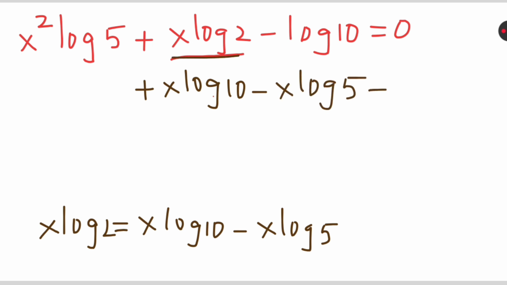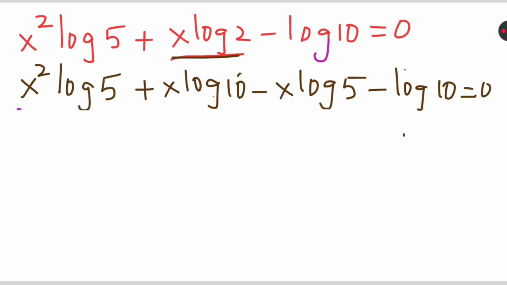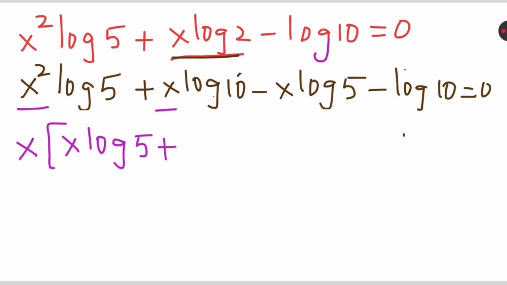Still here we have log 10 as a constant. And we have x raised to power of 2 term, that is x raised to power of 2 times log 5. From here and here we have x, so take x as common. If you take x as common, you are left with only x log 5, plus in the second term, if you take x as common, you are left with log 10.